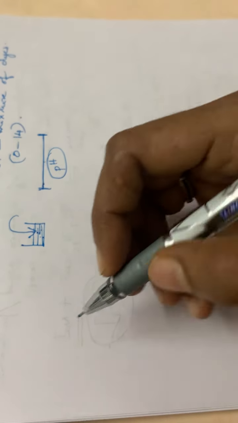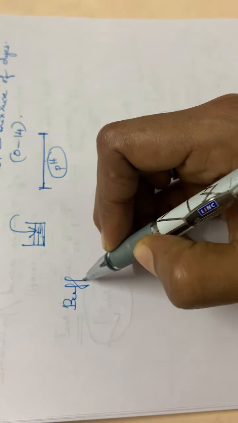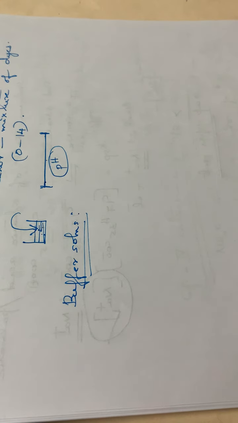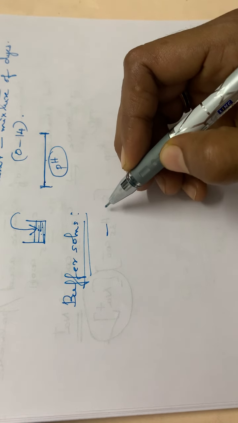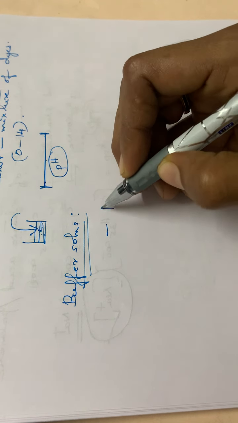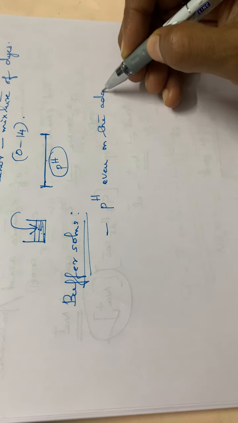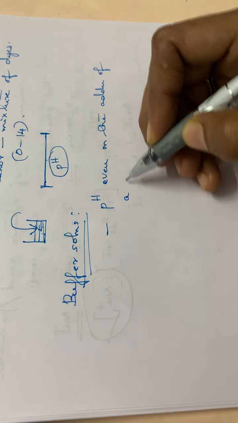Then the next one is buffer solutions. A buffer solution is a solution which maintains its pH at almost a constant value even on the addition of a small amount of acid or base.